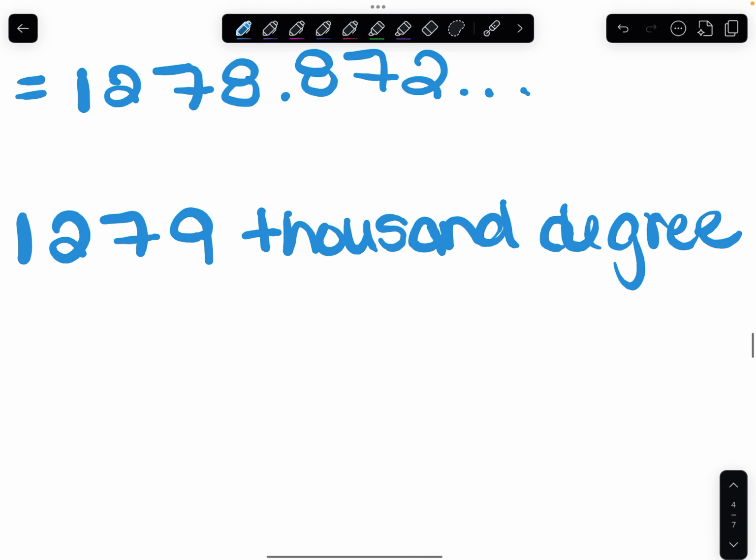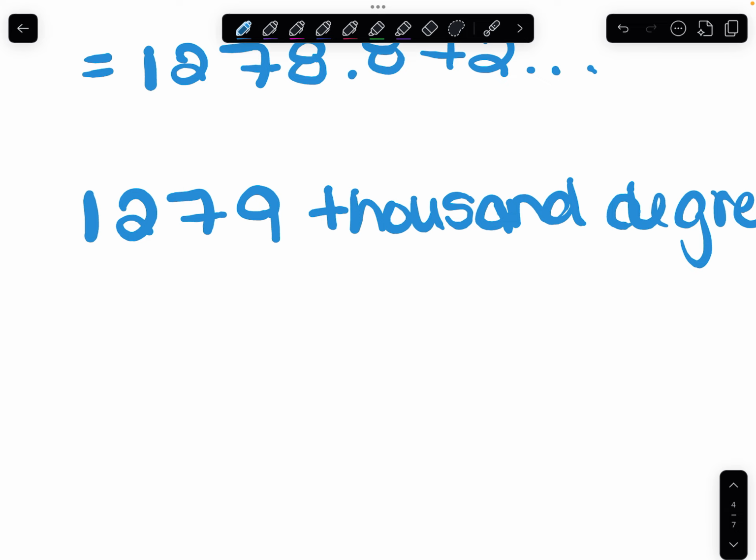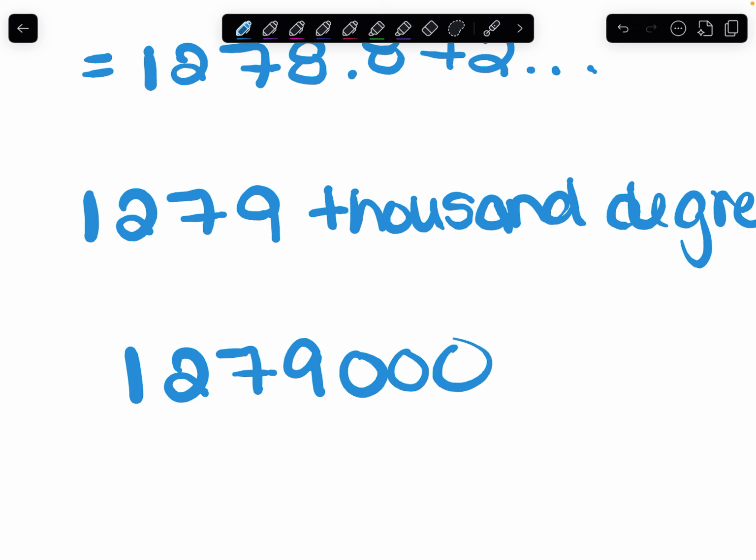Or you could choose to multiply it by 1,000. So take the 1279 and go ahead and multiply by 1,000 to get your number. 1,279,000 would put the 3 zeros on the back, and then you could just put the word degrees.